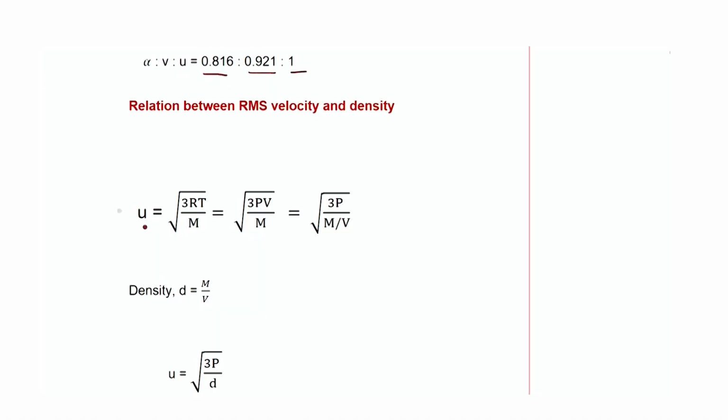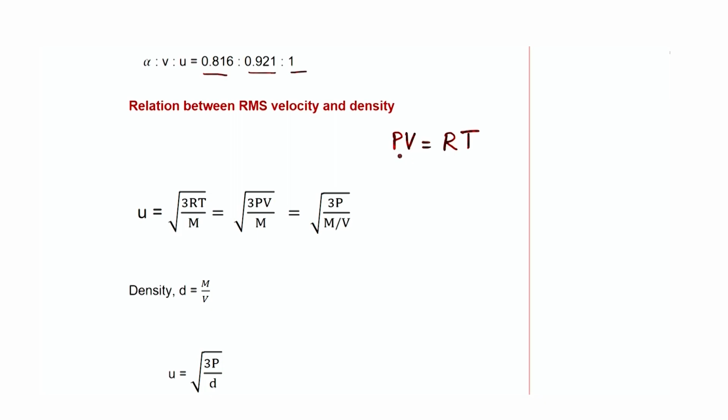Next, we are going to see the relationship between RMS velocity and density. RMS velocity u is equal to the square root of 3RT by m. Now, here we do not have any density term. We know that from the ideal gas equation, PV is equal to RT.